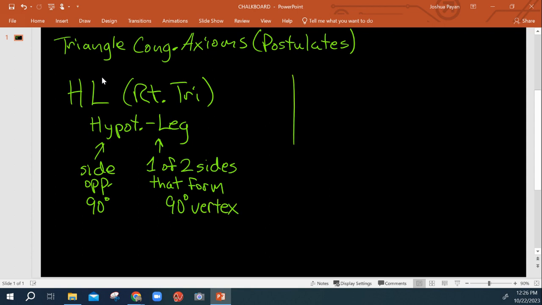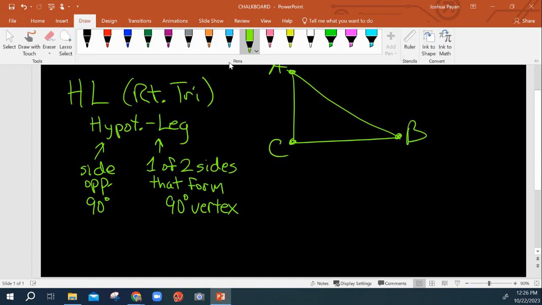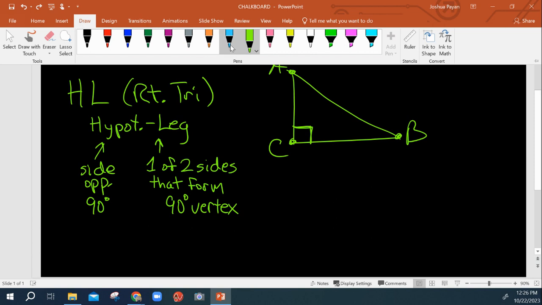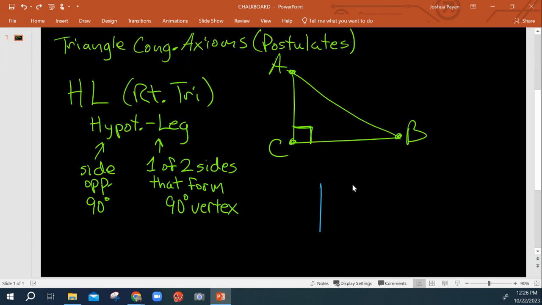Okay, so if I've got a right triangle, like so, and I label it A, B, C, and I know it's a right triangle because I have a 90-degree vertex, that would make AB here the hypotenuse because it's across from, opposite of the 90. Okay, and that's something we reviewed heavily before, but just in case, never know.